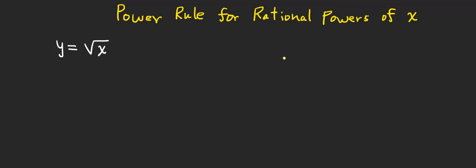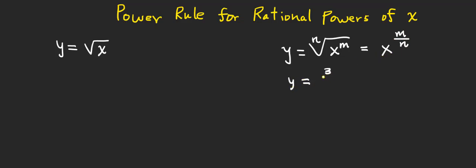Let's go back to Algebra 2 and review that when you have y equals the nth root of x to the m, you can change it to a rational power: this is the same thing as x to the m over n. So, for example, if you have y equals the cube root of x squared, this is the same thing as x to the 2/3.